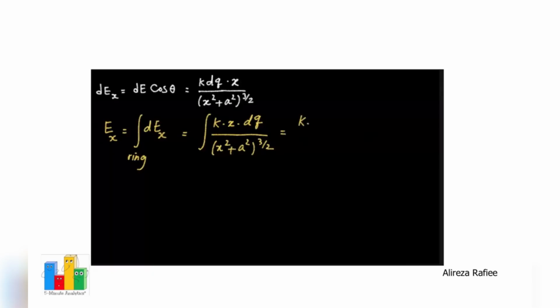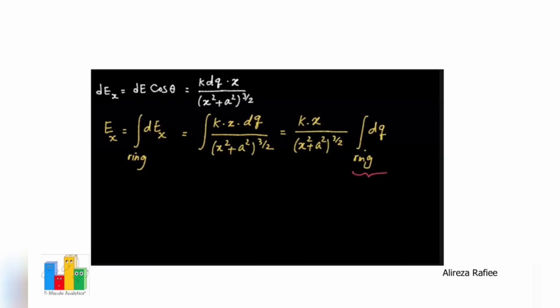So k, the constant, x is the position of the point B, x² + a², which is the radius, the distance from the charge on the ring to the point B, to the power of 3/2, and then we have the integral over dq. Now notice that when we integrate dq over the entire ring, what we get is technically the charge over the entire ring.